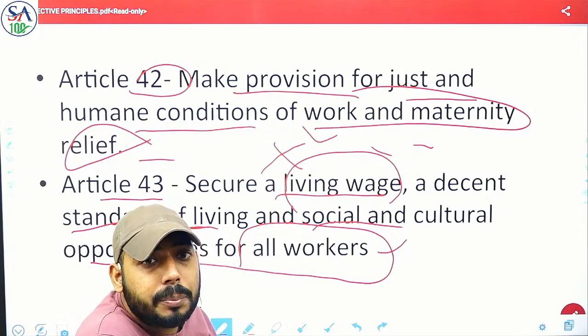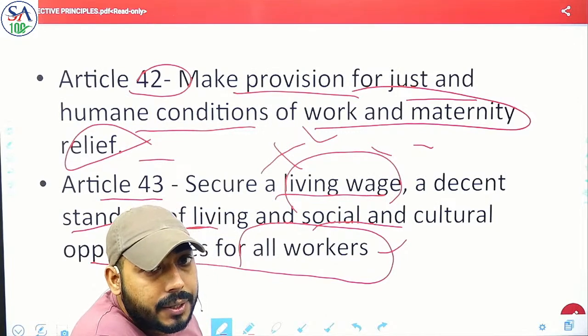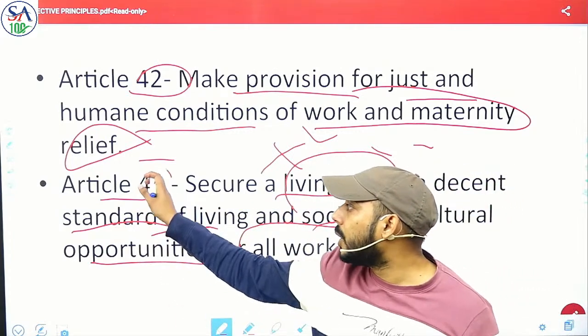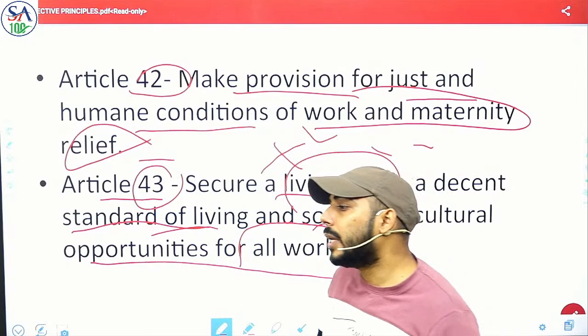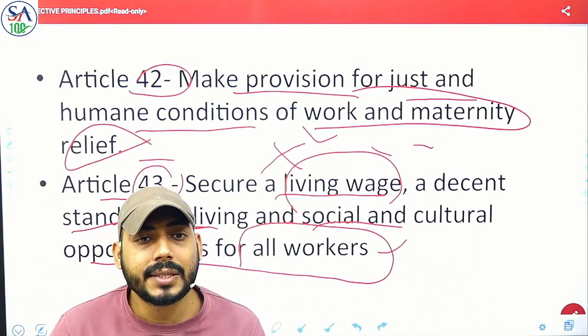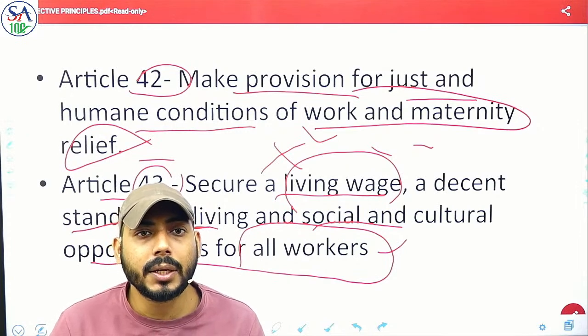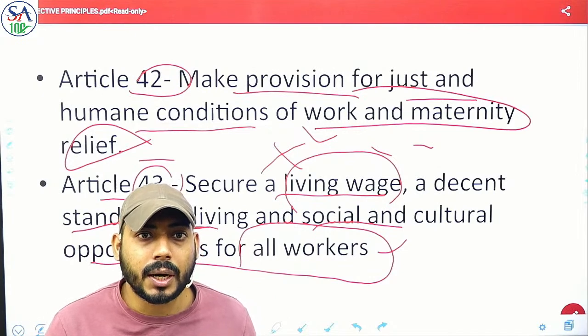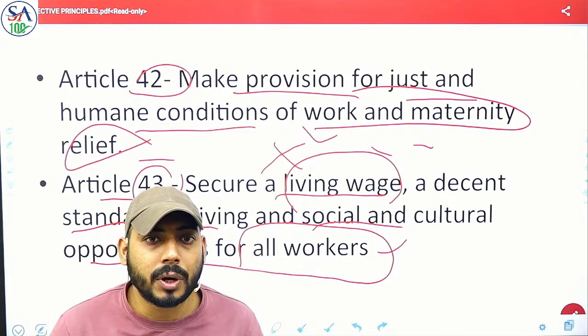And the government has to make effort in this regard. It was all about Article 43. Recently you have heard that a ration card scheme was launched to make it universal, meaning a person who has one ration card, the one nation one ration card formula was applied.